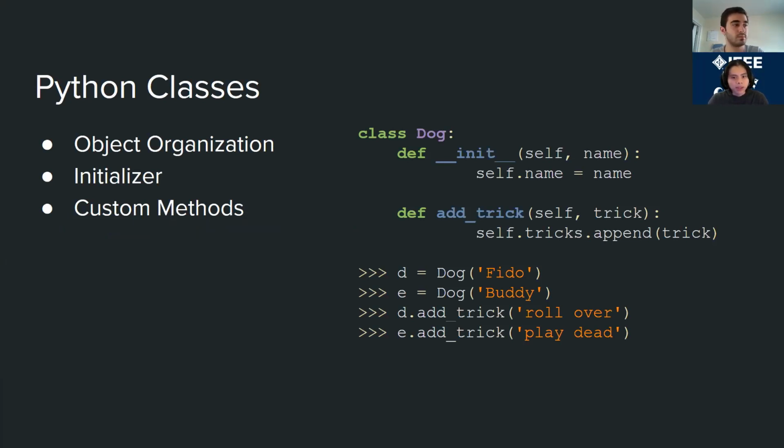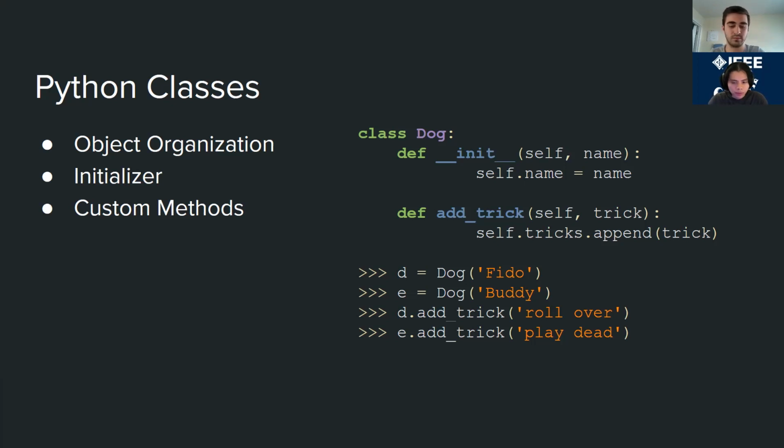Anyways, Python classes, as you may have remembered, are a way to organize objects. There's typically an initializer with the self, which points to the object, and then some initializing variables like name. Here we have the class Dog, and we initialize the name to be Fido, and we assign that object to the variable d.